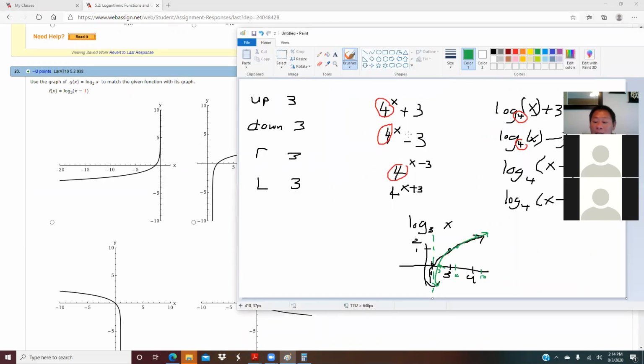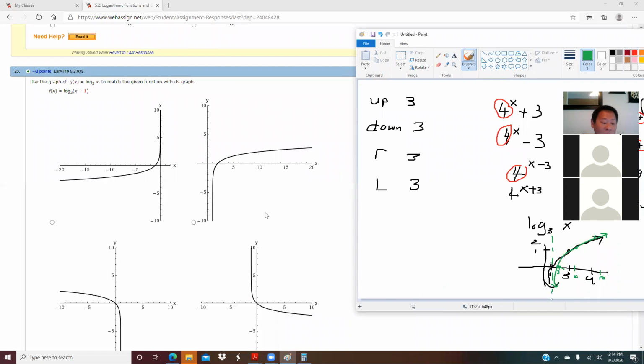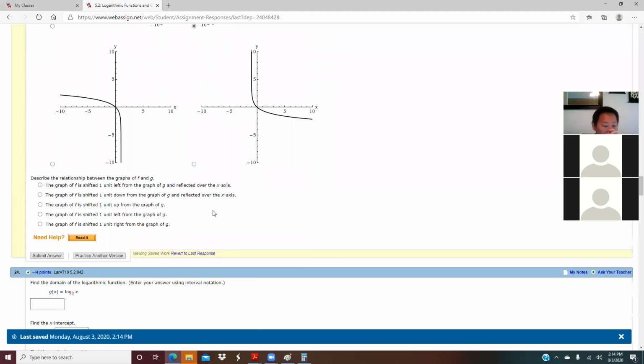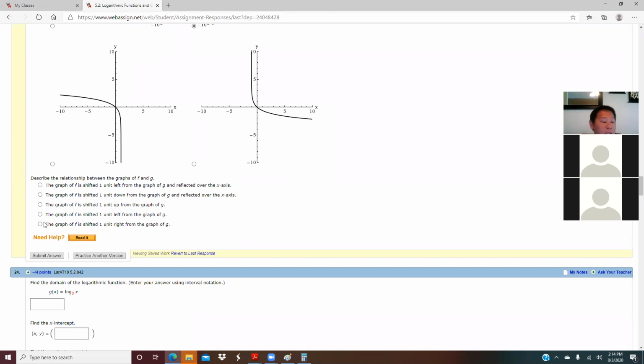So the main part here is it crossed at 2. You see the graph crossed at 2? You just need to figure out where it crosses for x is 2. B is the correct one in this case. You say what? 1 unit to the right? So that means your answer is this one. The graph shifted 1 unit to the right.